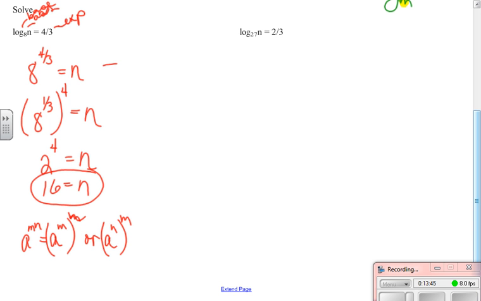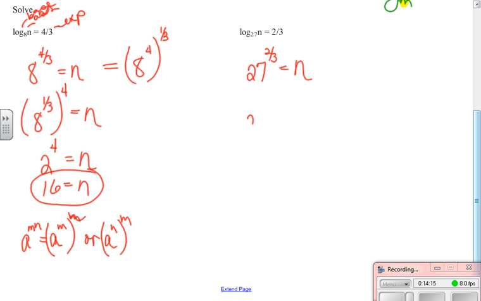I could say, well, 8 to the 4th and then the 1/3, but that number becomes so large that I don't know how to do that in my head. You will get 16, but it's much simpler when you see the root to just go there. So this one becomes 27 to the 2/3 power equals n.